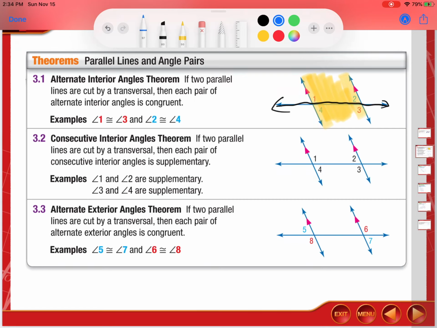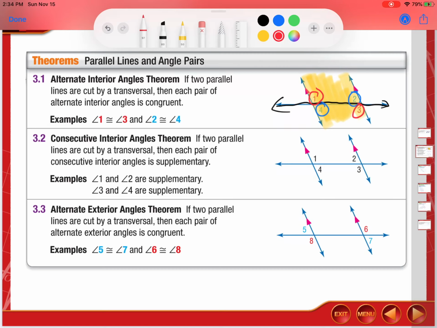That's what we got. So if they lie inside on the interior and then one on top of the transversal and one on the bottom of the transversal, then they end up being alternate interior angles, such as angles 2 and 4 or angles 1 and 3 in this situation. And this is always true as long as you have two parallel lines cut by a transversal.